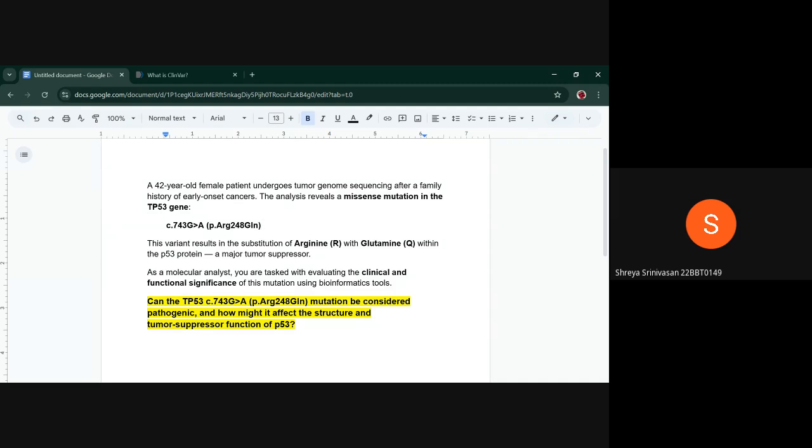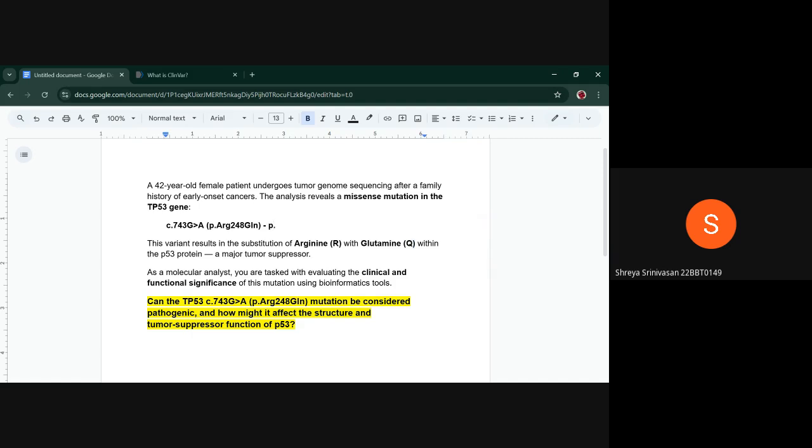Now, this part can also be represented with amino acid letters. Like you say, arginine and glutamine, there has been a change. Arginine is represented by an R, and glutamine is represented by Q. These are single letter representations of amino acids.